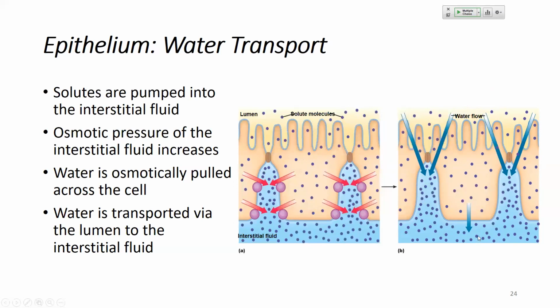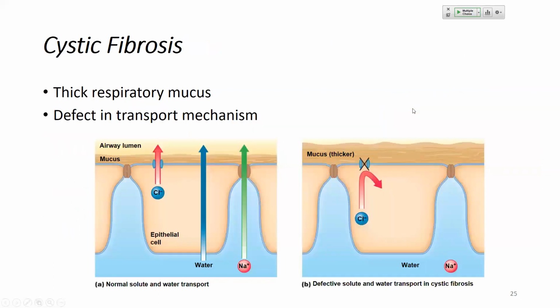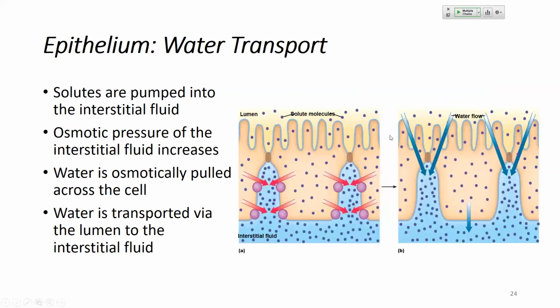So we essentially created a water gradient using the excess solutes here as an osmotic pull to pull water from the lumen. Does everyone understand that? So water movement here is happening secondary to solute movement.